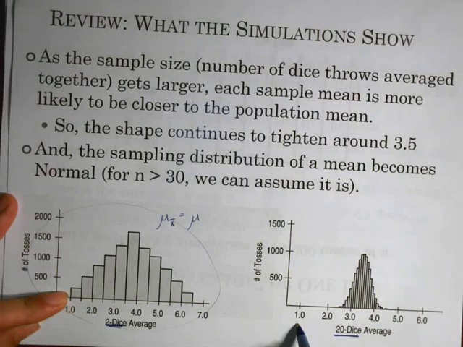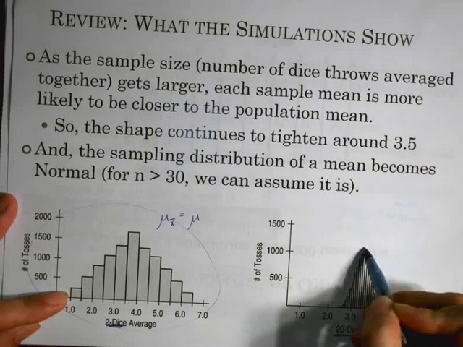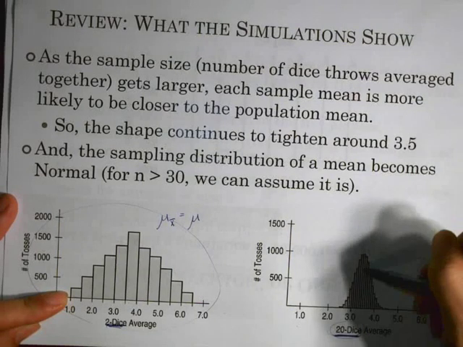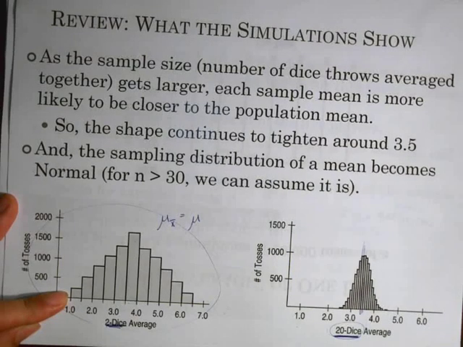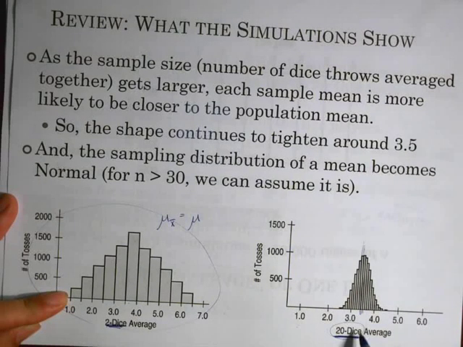And so what we tend to see here is that we start to get this clustering of the mean around 3.5. So 3.5 is the most likely average that we get when we roll a bunch of dice. And 20 dice is now enough that we get this distribution that's really tightly clustered around the mean.